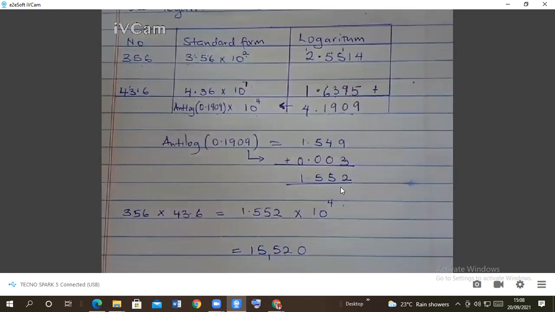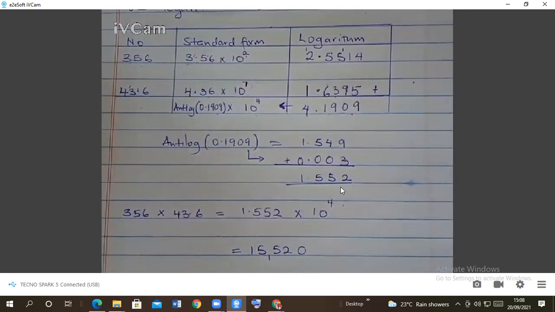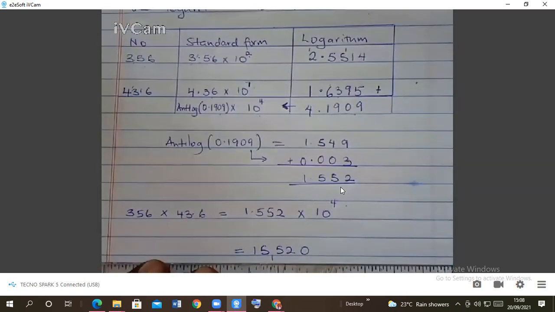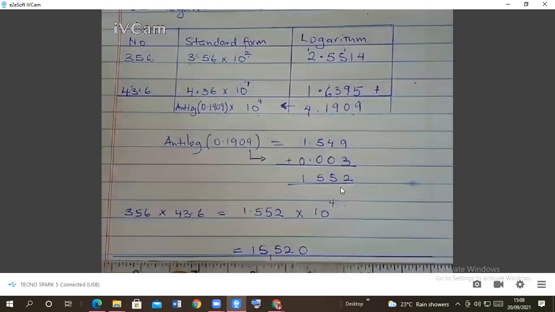Members, are we together? Can you multiply with a calculator and see whether that is the same answer? Yes, the same answer. So that's how we multiply using logs.